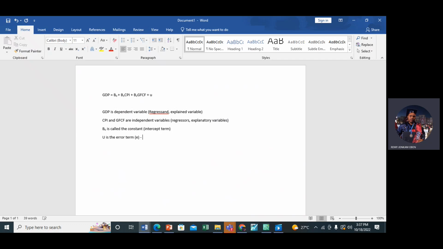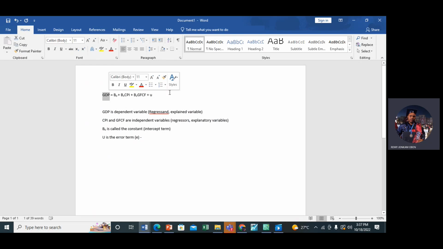And by the way, what is this error term? Like I told you, this model is telling you that CPI and GFCF affect GDP, because the independent variables should affect the dependent variable. That is what we are trying to see. But there are many other variables or factors which can affect GDP.